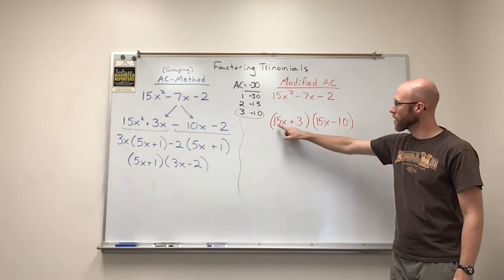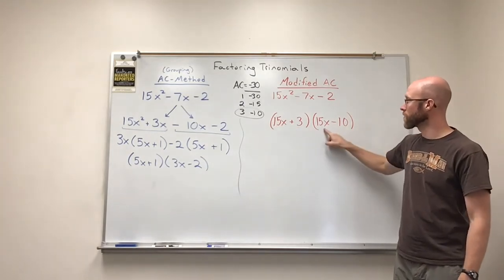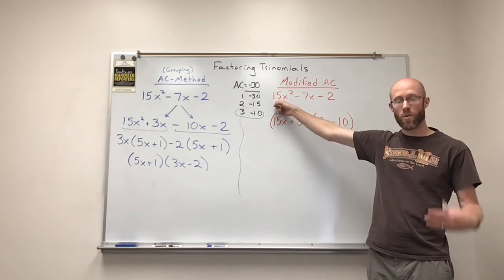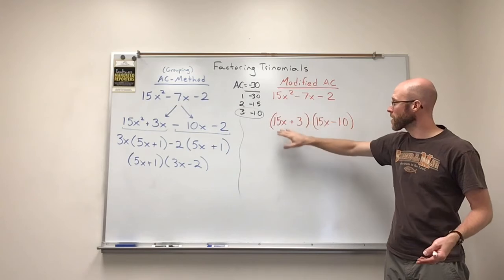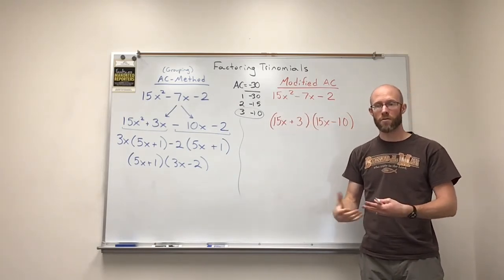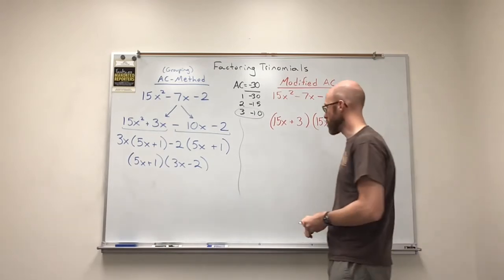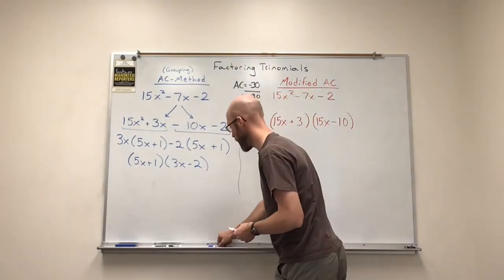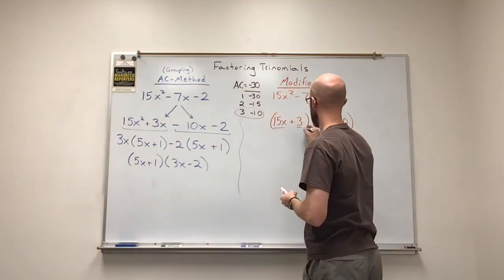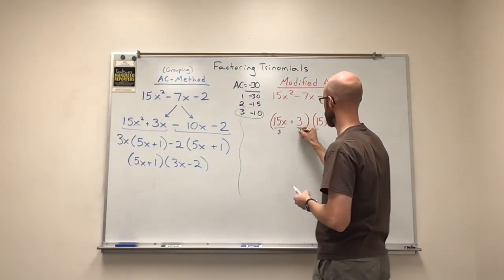Then again, if I multiplied 15x and 15x, I get 225x squared, not 15x squared. So it's not going to work out. I've got to get rid of a factor of 15 total. And so to do that, I'm going to divide out a common factor from each of these.